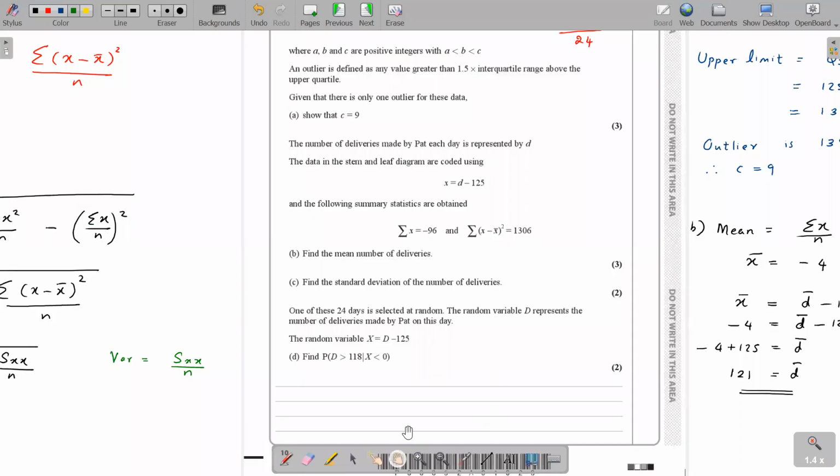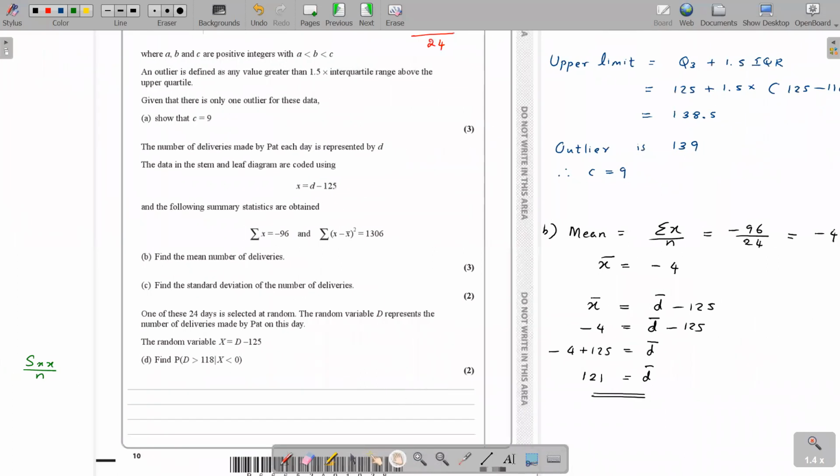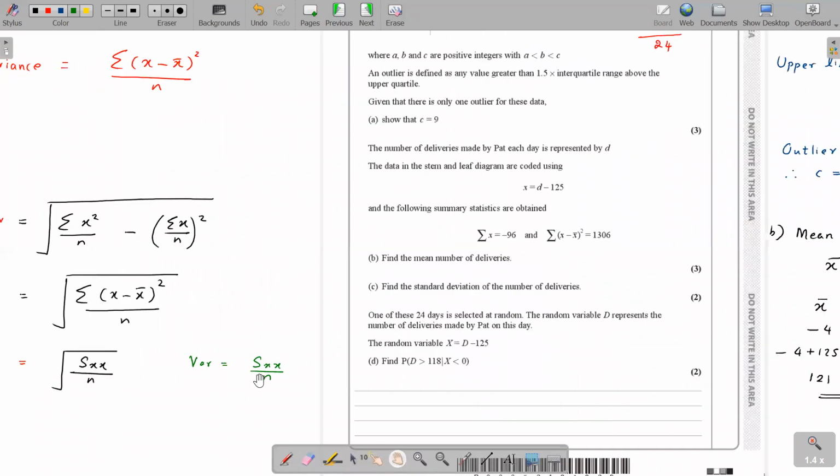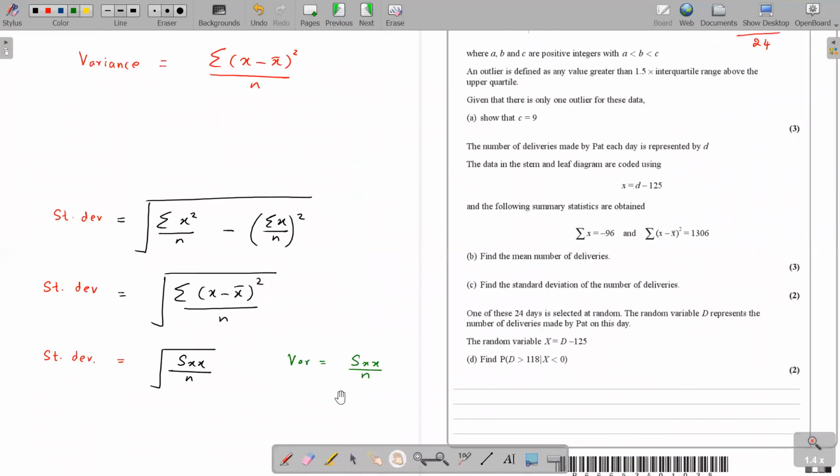Now to find the standard deviation of the number of deliveries, you can see the formula they have given is (x minus x bar) square. I was writing a few equations here for your reference. These are the equations you need to know to survive this. Mainly we use sigma x square over n minus (sigma x over n) whole thing square.